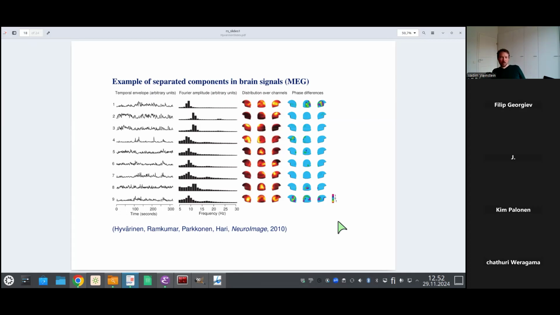So a very important tool in neuroscience, also applied in fMRI, and applied all across the board. And this is not something you can get with deep learning, because deep learning is supervised and this is unsupervised. So here you don't need labels, you don't need training data.